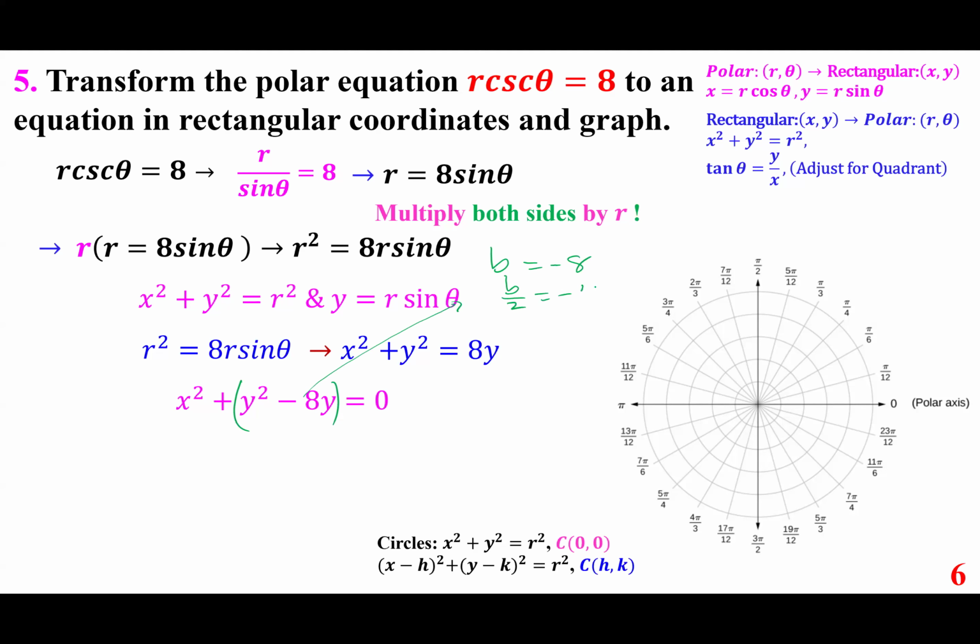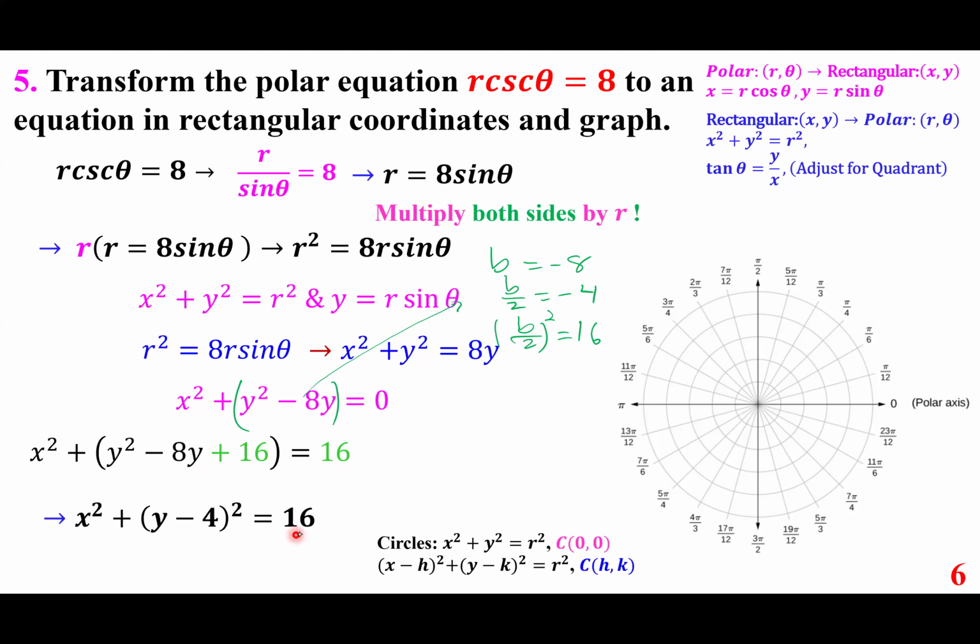B over 2 is negative 4. Square root is positive 16. And we're going to add 16 to both sides. This becomes x squared, y minus 4 quantity squared equals 16 or 4 squared.